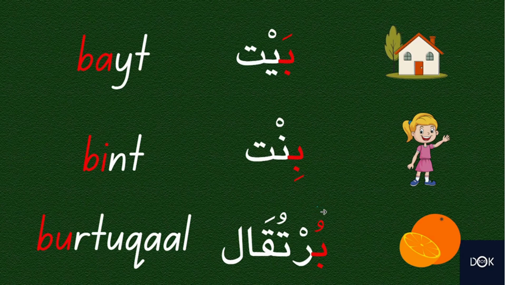This is how the sound of a letter is transformed depending on the haraka. You see there is a different sign over ba: bait, bi, bint, and bu, burtuqal. Now let's explore each haraka, its sound and its formation.